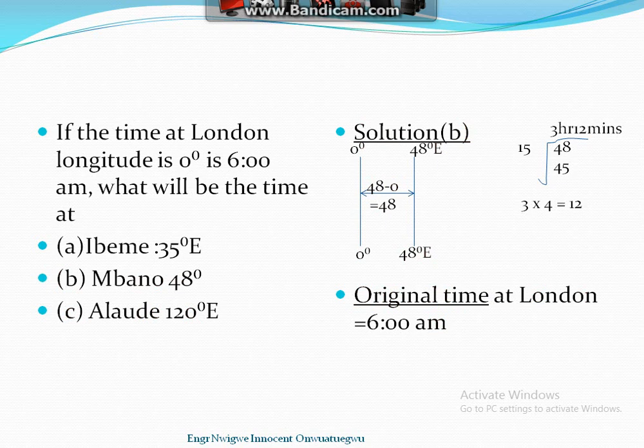Therefore, the original time at London is 6 a.m. plus 3 hours 12 minutes, which is 6 plus 3 hours, we have 7, 8, 9 hours 12 minutes. Yes, it's 9:12 in the morning.